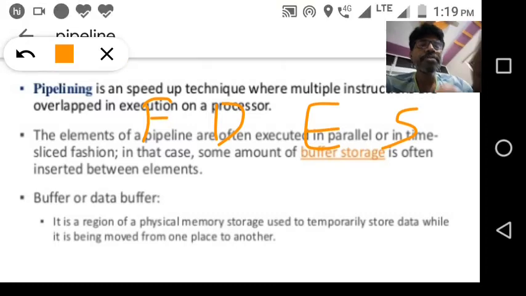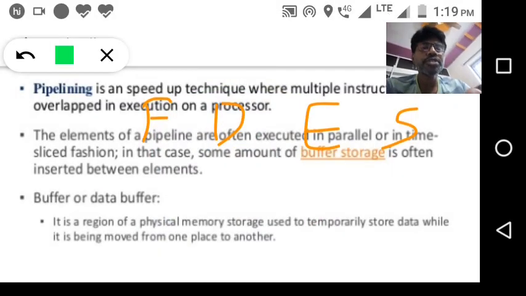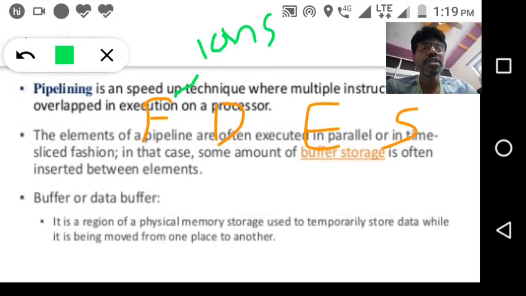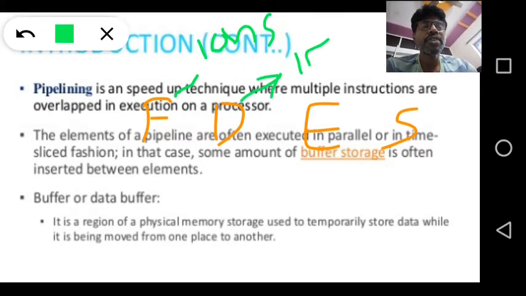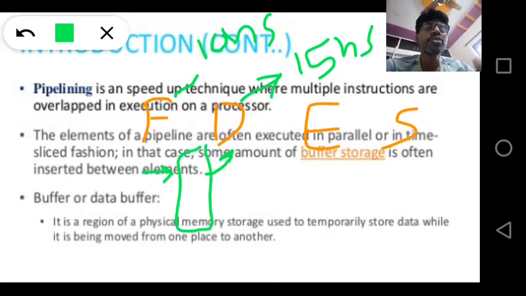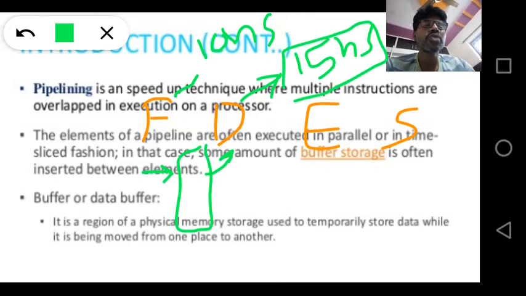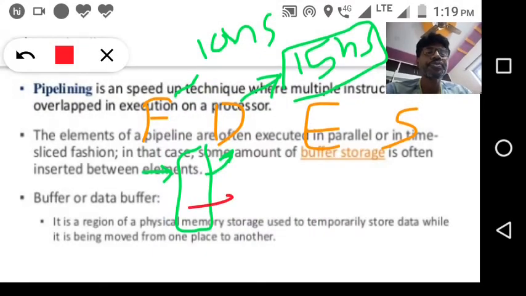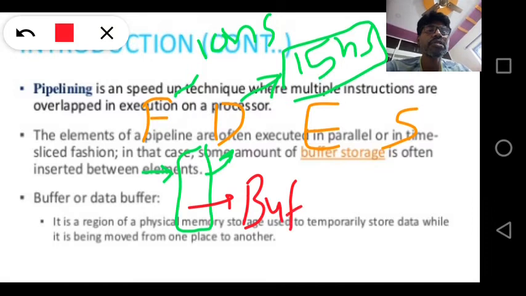The time required for fetch may be, let's assume, 10 nanoseconds, and decode might take 15 nanoseconds. The moment fetch completes, it cannot directly send to decode because decode is still doing decoding for the previous one. So in that case you need some buffer.